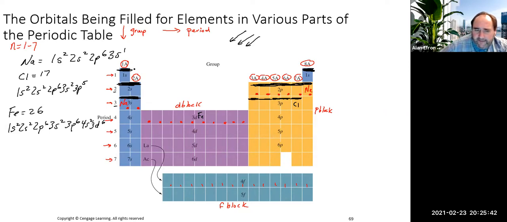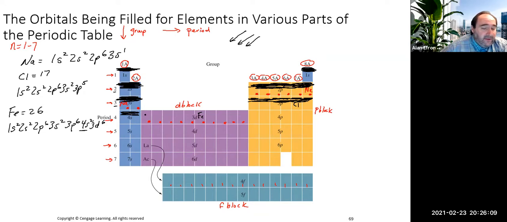So same counting, 1s2 to the end here, 2s2 here, 2p all the way across here, 6, 3s2 here, 3p6 all the way to the end, 4s2.